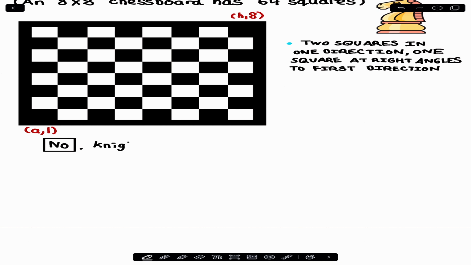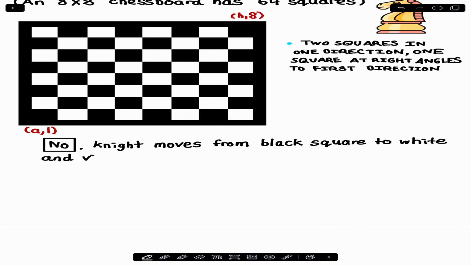So the knight, the horsey, always changes color after each move. So in other words, it moves from a black square to white and vice versa after each move.